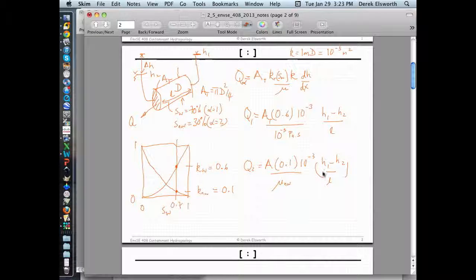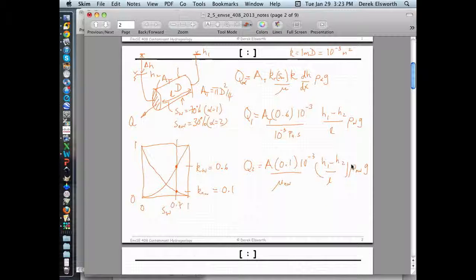Not absolutely true, but good enough for this class. And what's missing? The units of this aren't going to work out, right? Because it's not multiplied by the density of the fluid times G, density of water times G, and this could be the density of the non-wetting fluid times G.